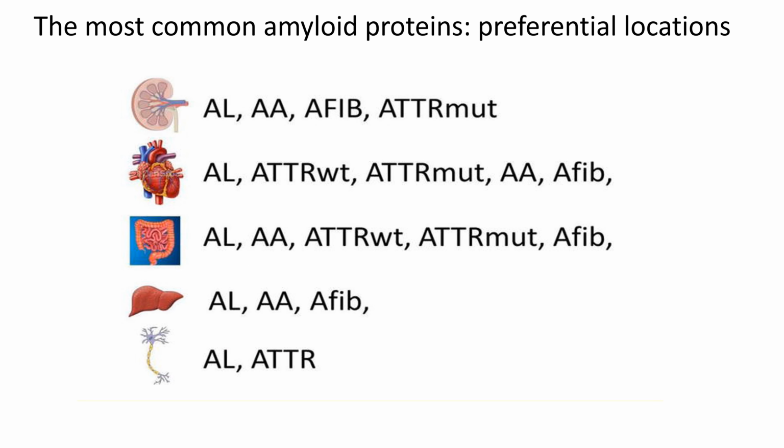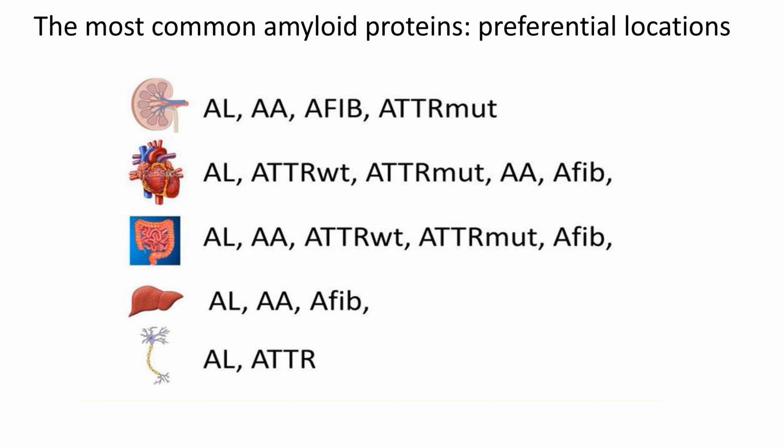What are the most common amyloid protein preferential locations? For the kidney, we can see AL, AA, fibrinogen, ATTR mutated. For the heart, AL, ATTR wild, ATTR mutated, AA, and fibrinogen.